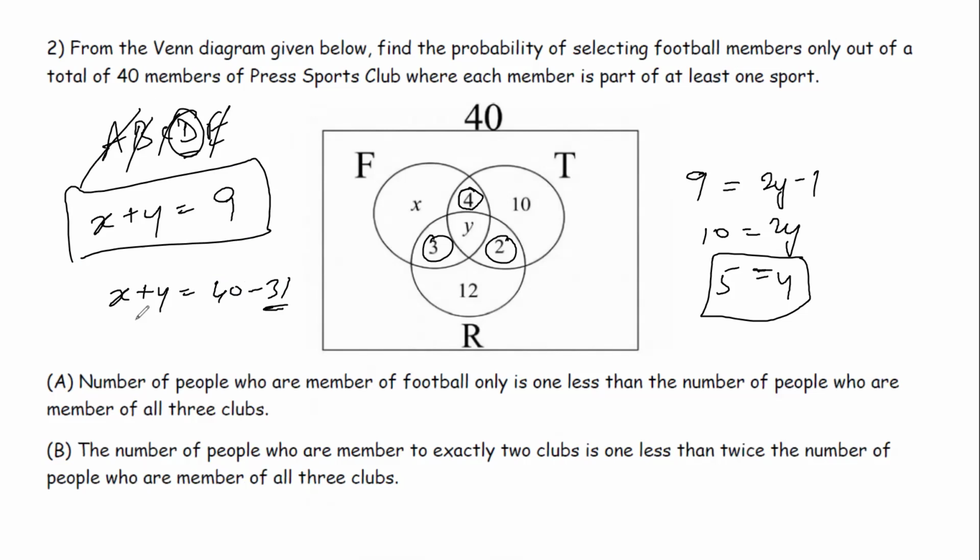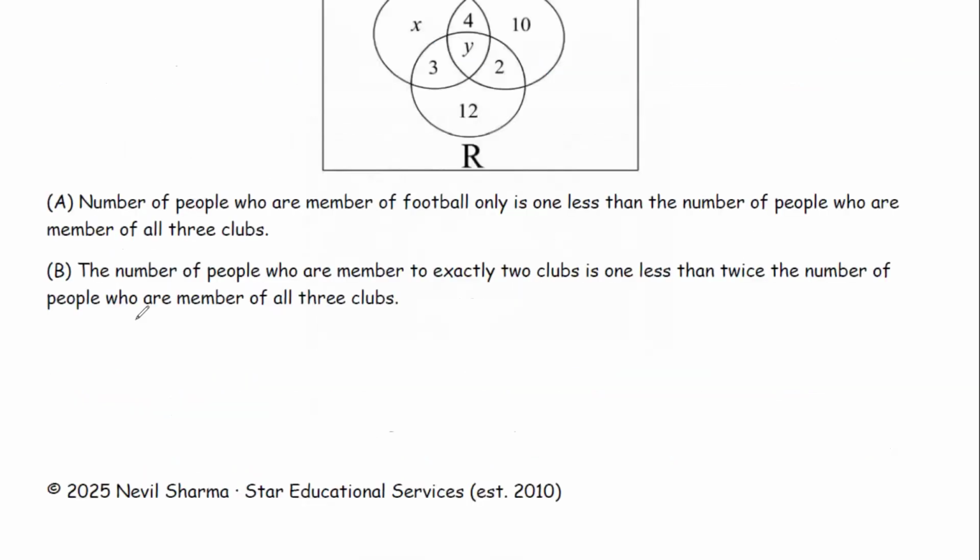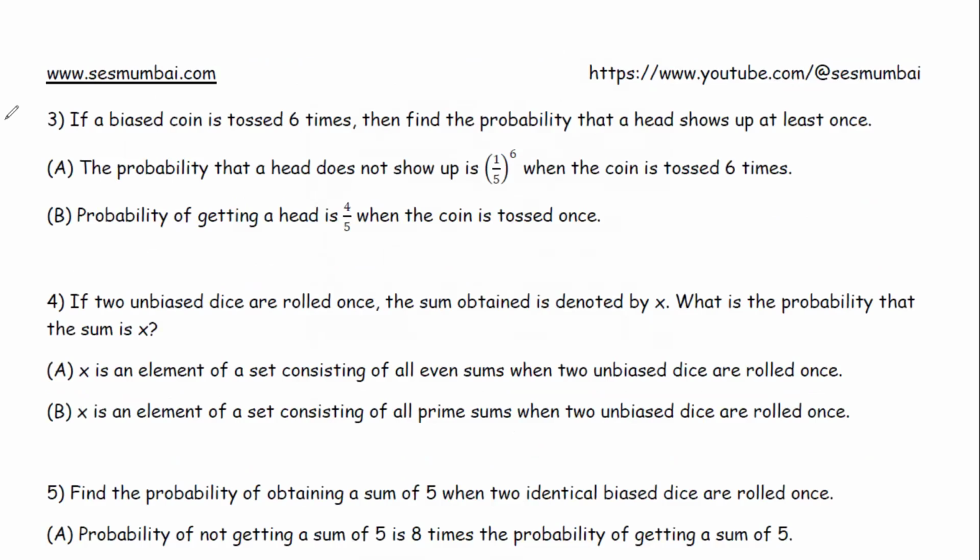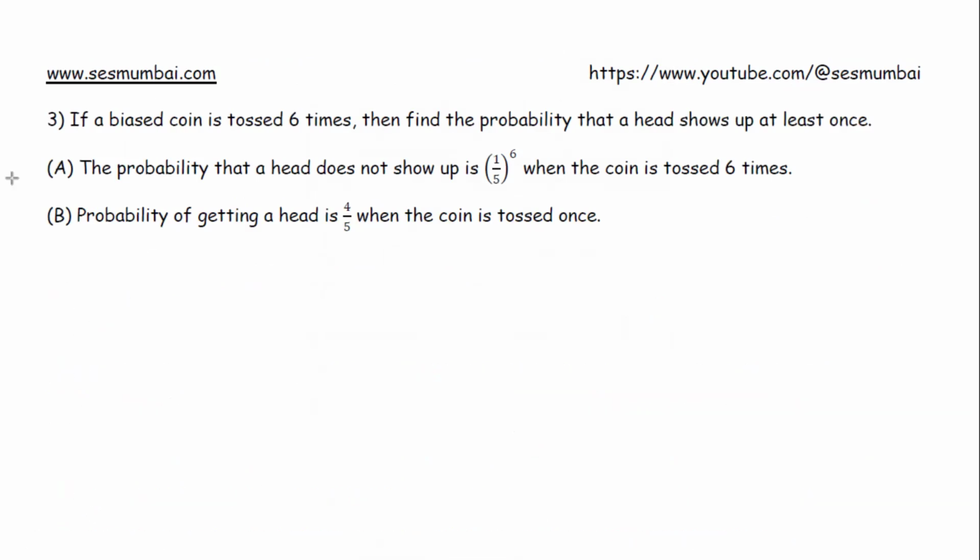Moving on to the third question. It's a coin question. If a biased coin is tossed 6 times, then find the probability that a head shows up at least once.